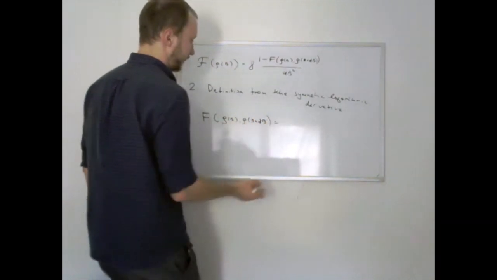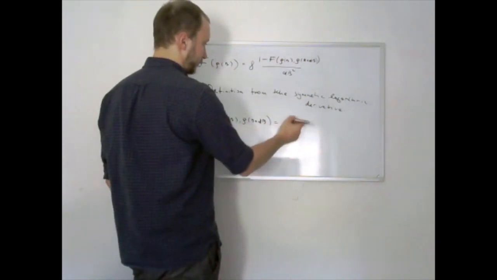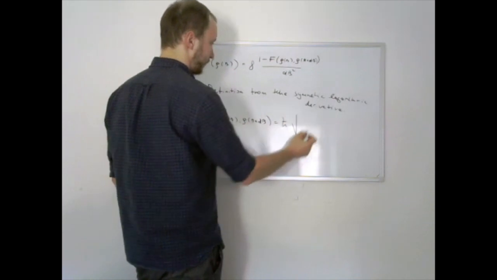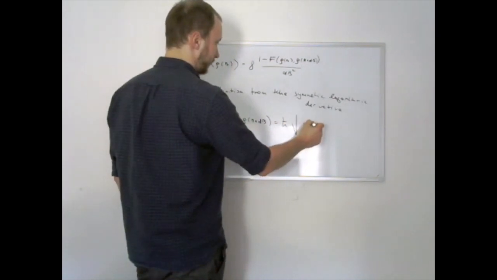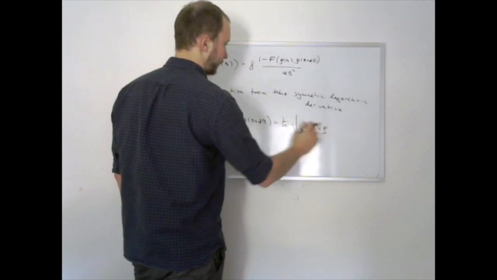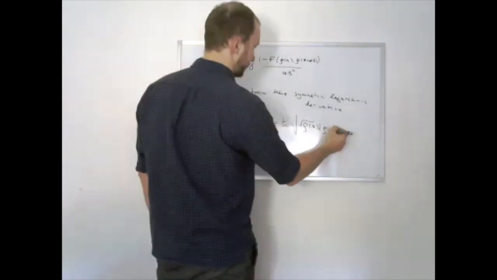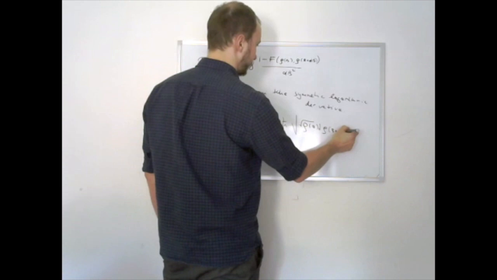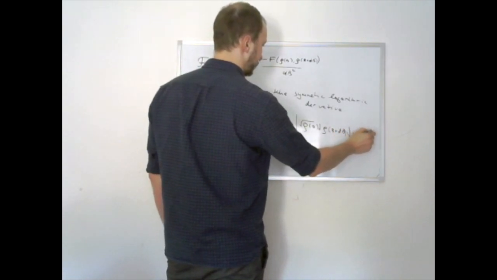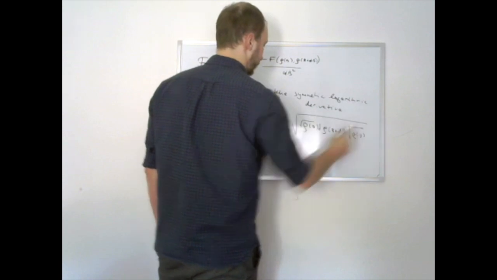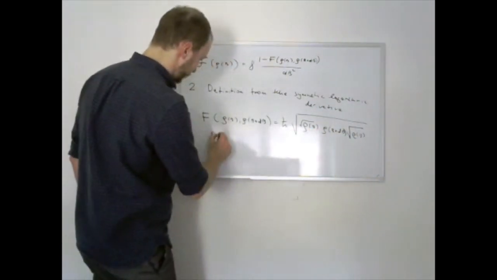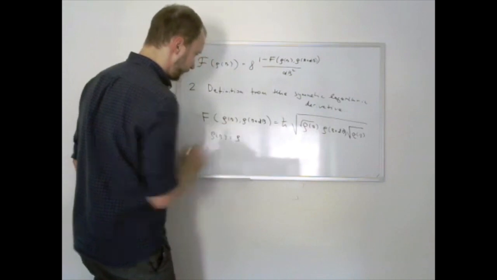This is given by the trace of the square root of rho of B, square root of rho of B plus dB, square root of rho of B. This is just the definition of the fidelity. Now let's just call rho of B simply rho.